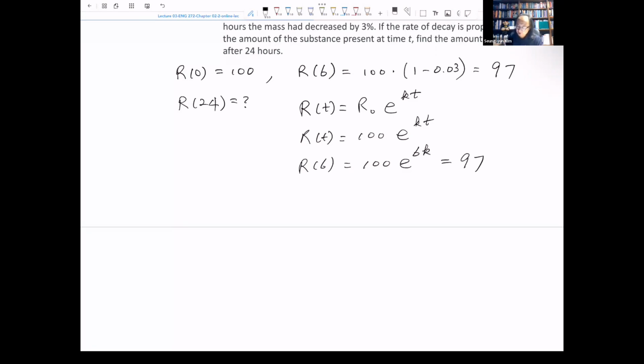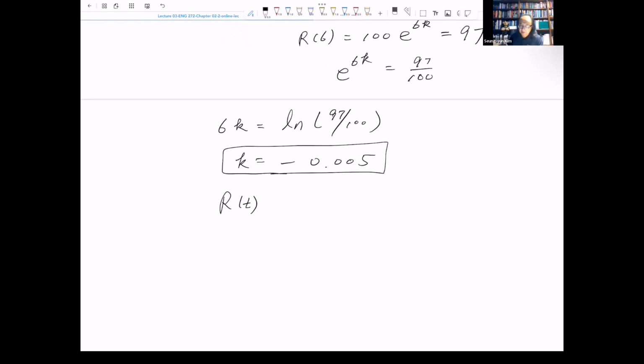So e to the 6k equals 97 over 100. Take the ln of both sides. Then we have 6k on the left-hand side, and on the right-hand side, ln 97 over 100. From there, R of t equals 100 e to the negative 0.005 t.